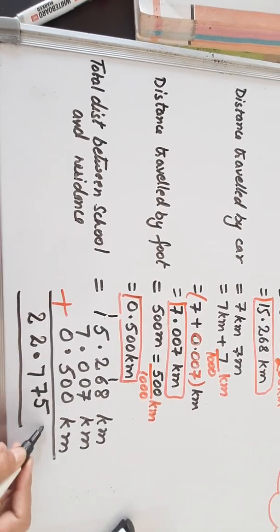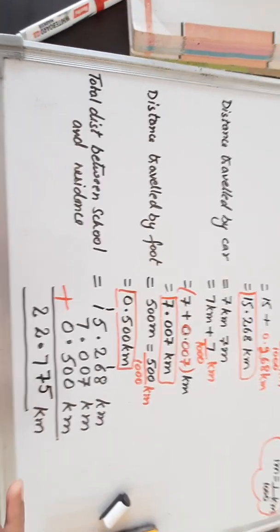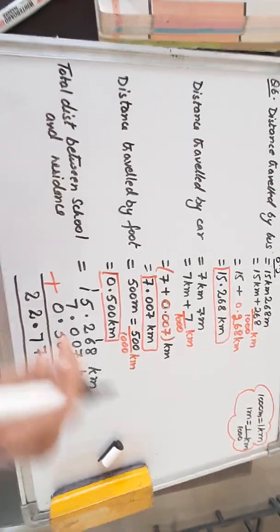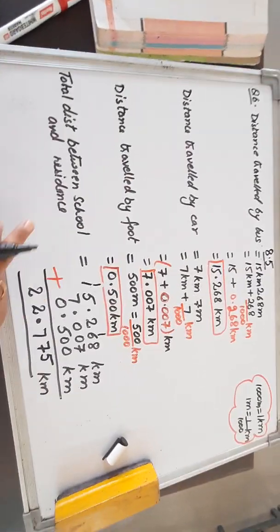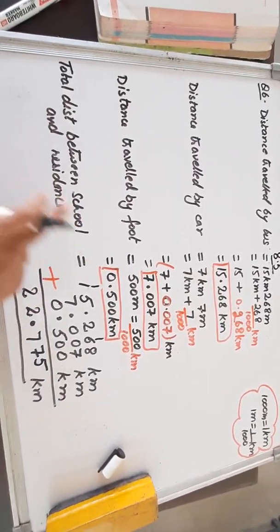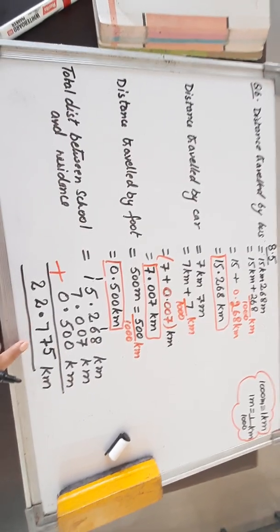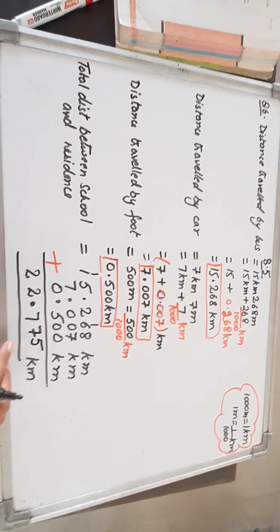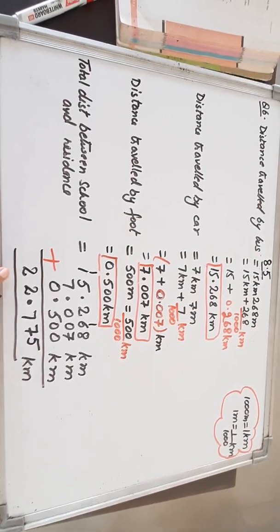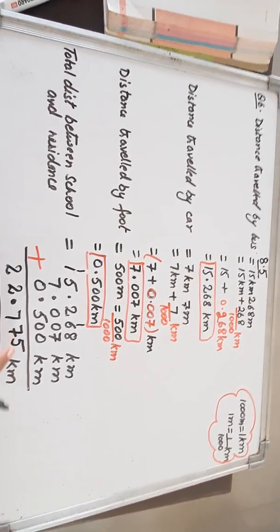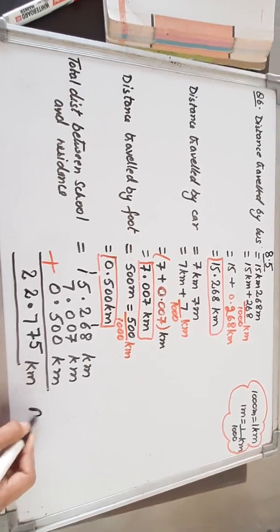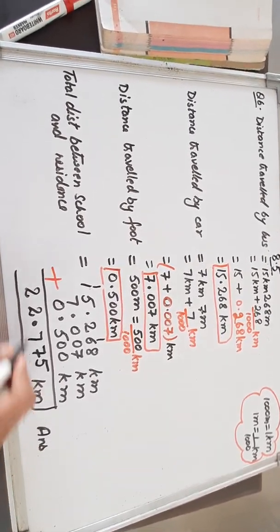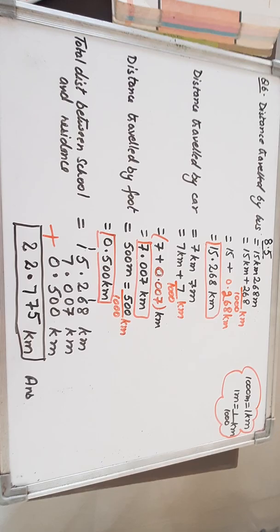So this is the total distance which Sunita travels to reach her school, because the distance between her school and residence is 22 kilometers and 775 meters, right? Or we can say 22.775 kilometers. So this will be the answer to this question. So I hope it is clear to you.